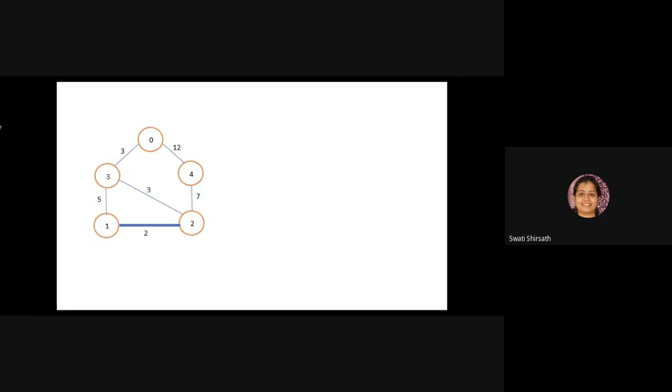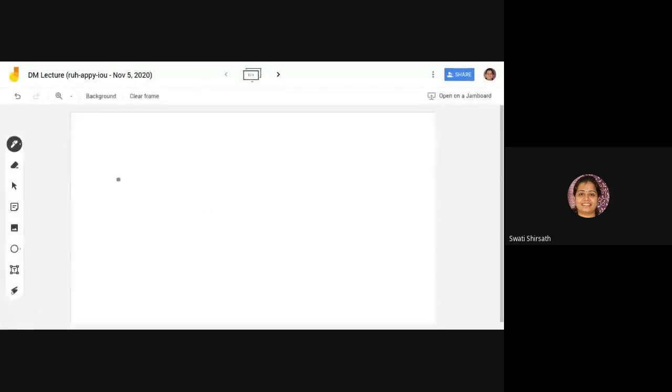This one. So we start from any point and then we keep on considering the minimum edges from this graph. So it was 2, 3. Now here we will consider the vertices and we'll keep moving in the same direction.